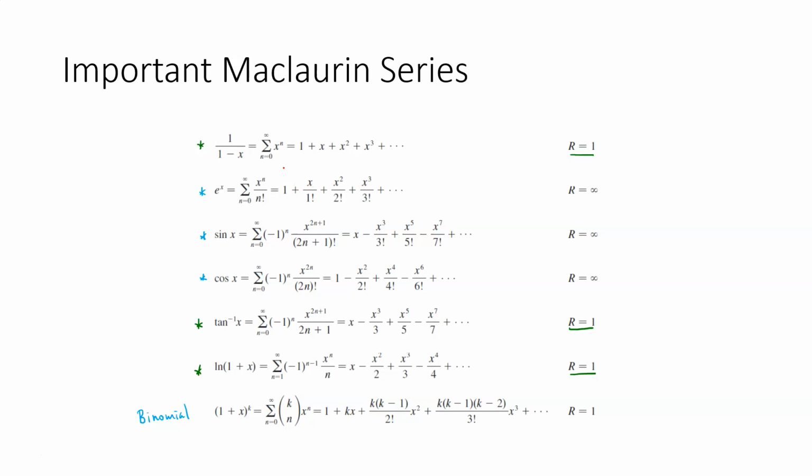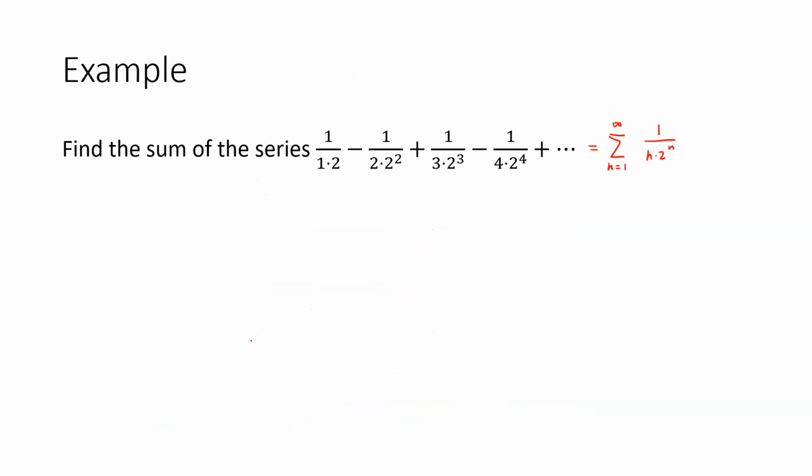We're looking for one that's in the form with n in the denominator. So I notice here that the ln of 1 plus x formula seems to match it pretty well. Oh, and one thing I forgot to mention here is that they're alternating. So this should be negative 1 to the n over 2 to the n.